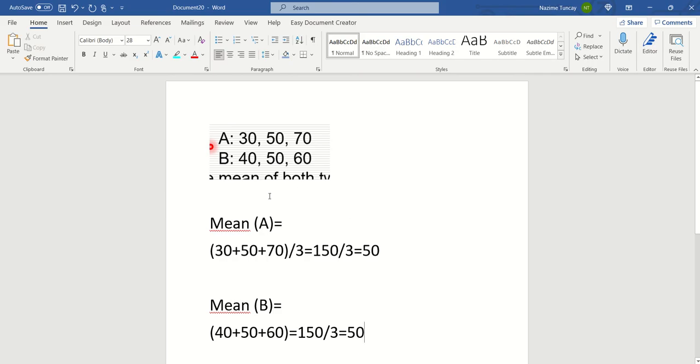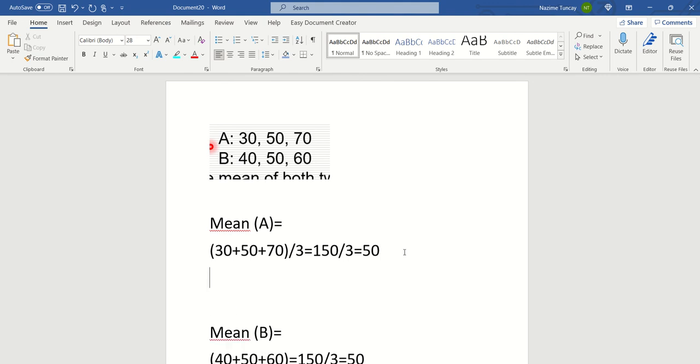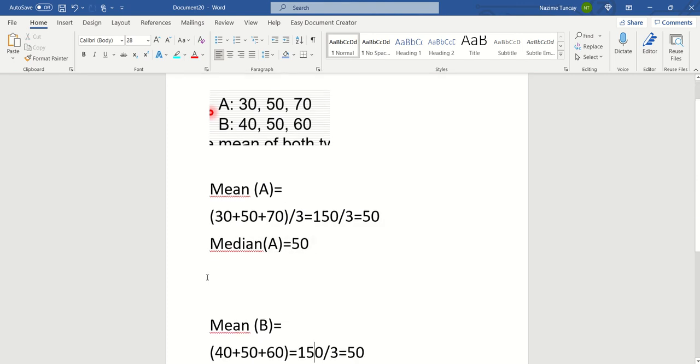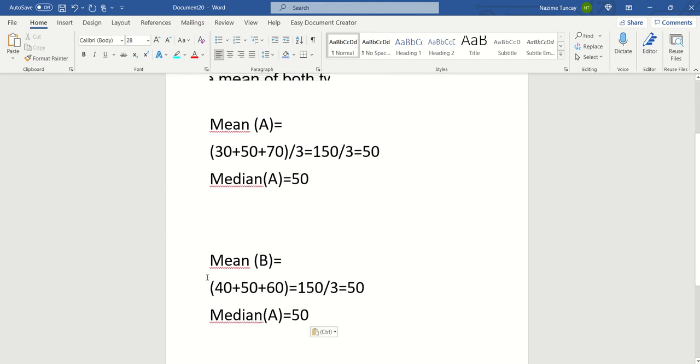It's just 3 points, but what is the median of A? 50, good. So what is the median of B? That's good. Then can we say that this is a normal distribution? Mean and median are equal.